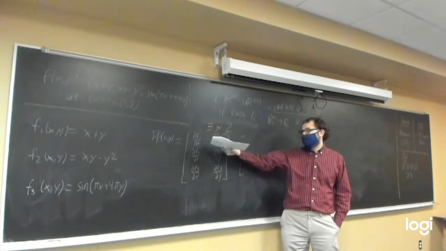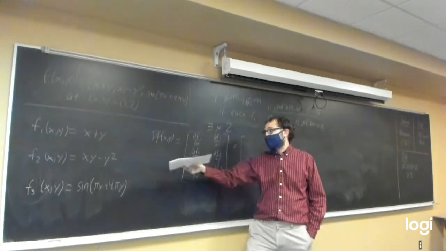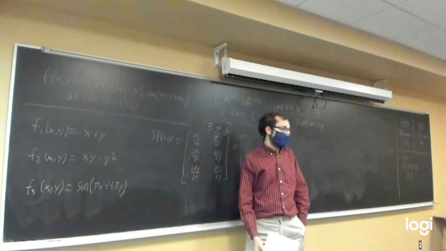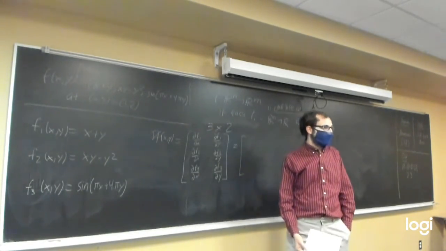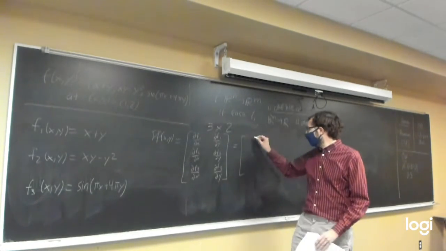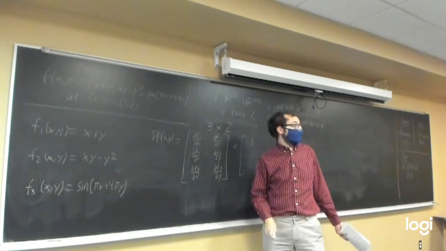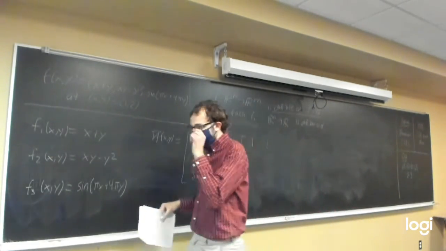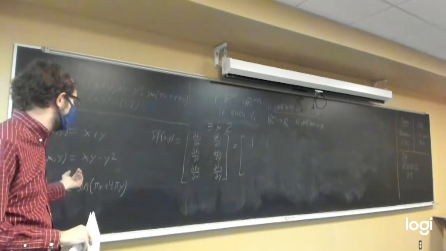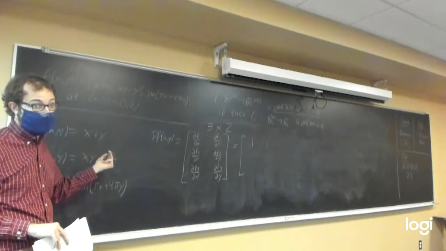What would the partial derivative with respect to x and the partial derivative with respect to y be for our first function, f1? I think they're both going to come out to 1 because you differentiate x plus y with respect to x. x will become 1, y will become 0, 1 plus 0 equals 1.